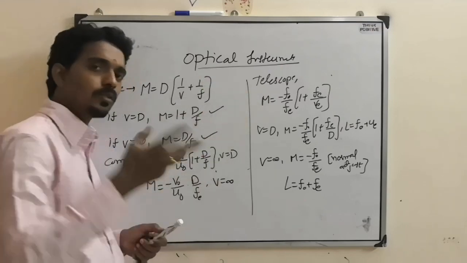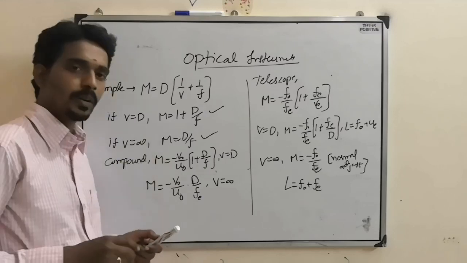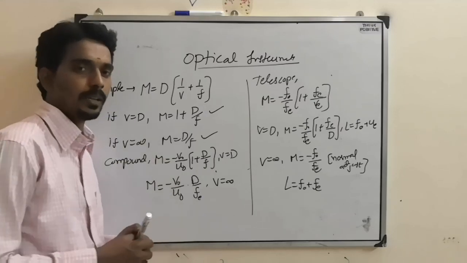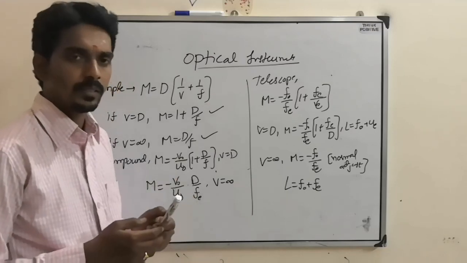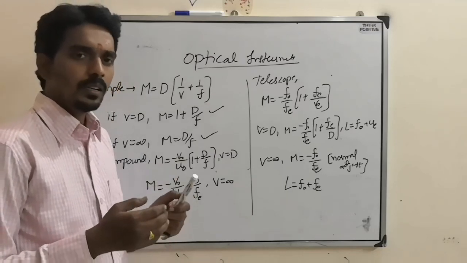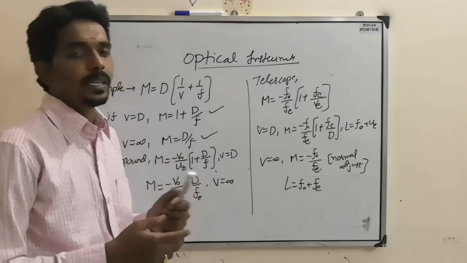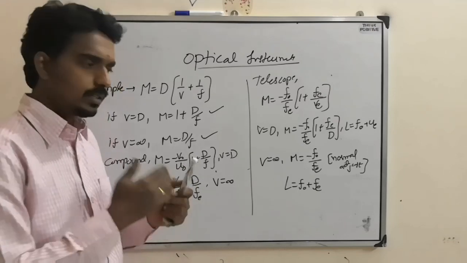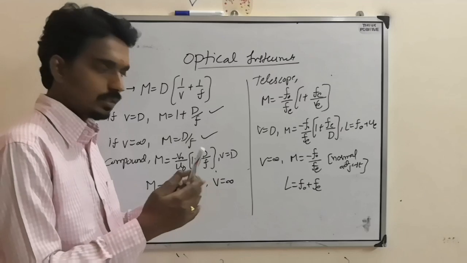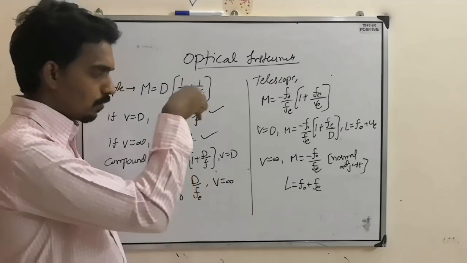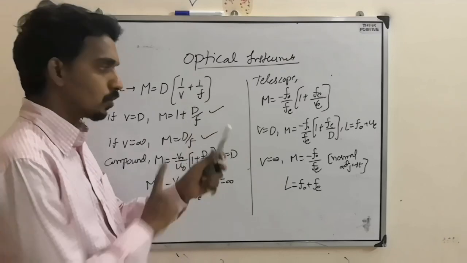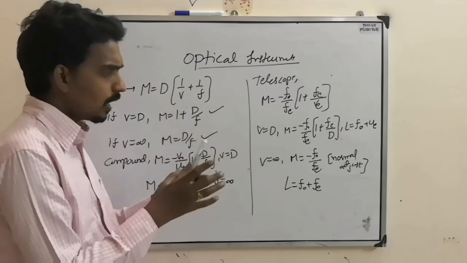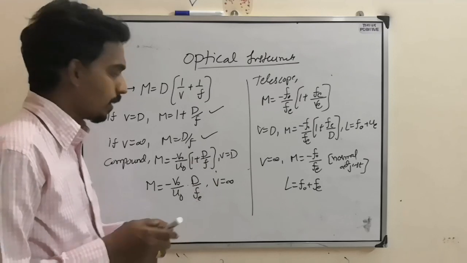In the telescope also the same thing, 2 will be there. In the compound microscope also 2 will be there. So here there are two lenses, so twice magnification happens. Once you get one magnification, the object is upright and you get an inverted image, and that again gives an inverted image, so the final is upward.